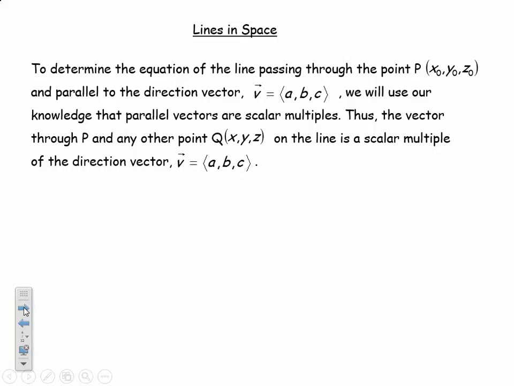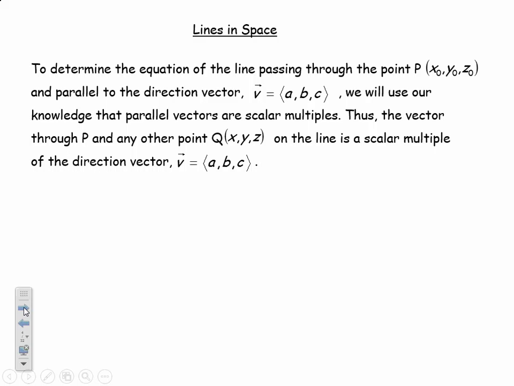To determine an equation passing through a point in the direction of this vector, we're going to use our knowledge of parallel vectors and scalar multiples. If 2 vectors are parallel, they are scalar multiples of each other. So if we're going to go through the point P and a point Q, then the line has to be a scalar multiple of ABC.